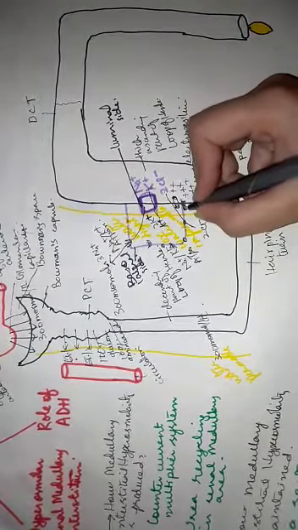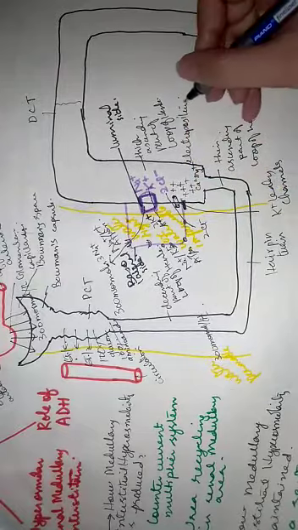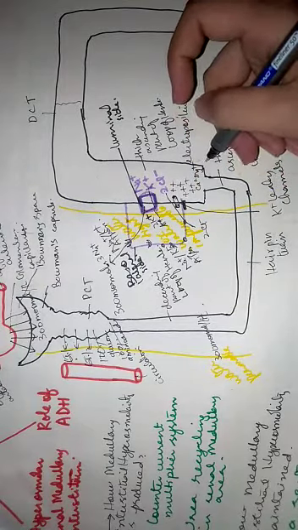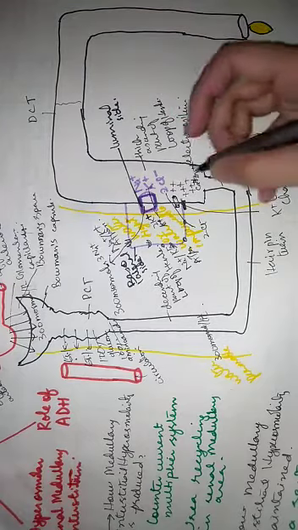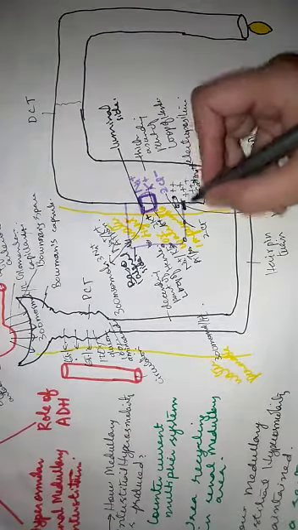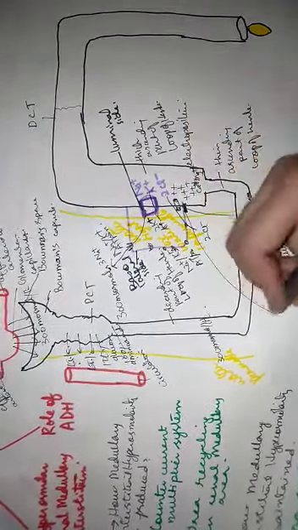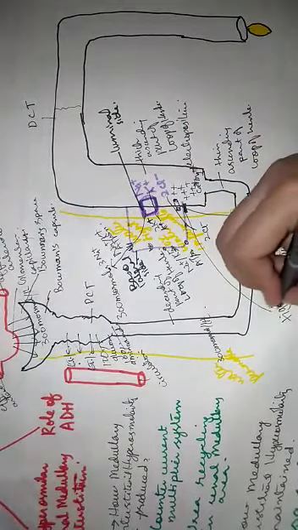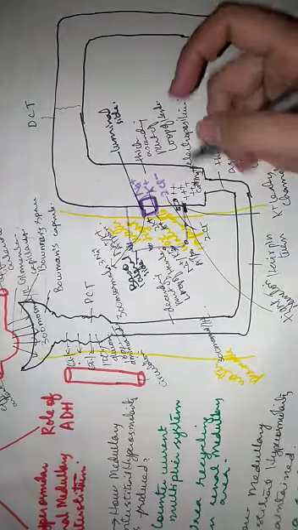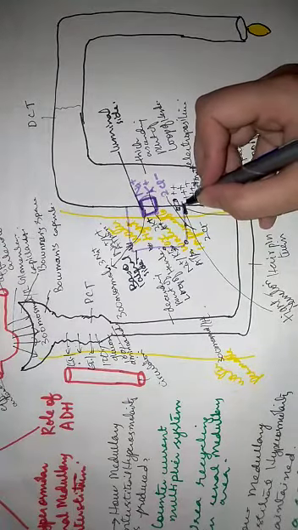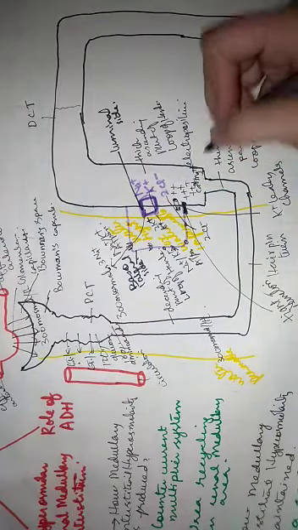In order to prevent such high electropositivity here, some of the divalent ions, calcium and magnesium, rush out through the junctions present. These junctions are known as tight junction. So these are reabsorbed in this way by the high electropositivity here.